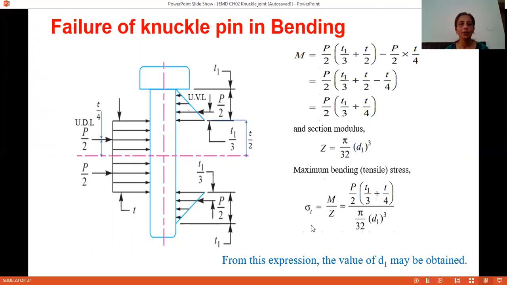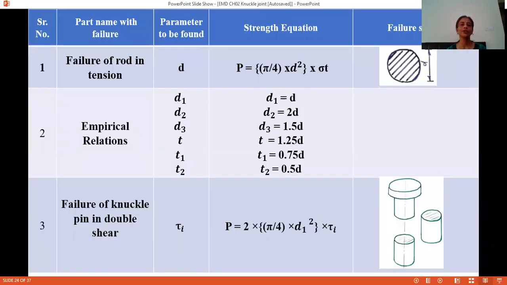Using the equation, that is bending tensile stress is M upon Z, substitute all values and we can find the safe diameter of pin which will resist the bending failure. So this is the last step of design procedure of knuckle joint.